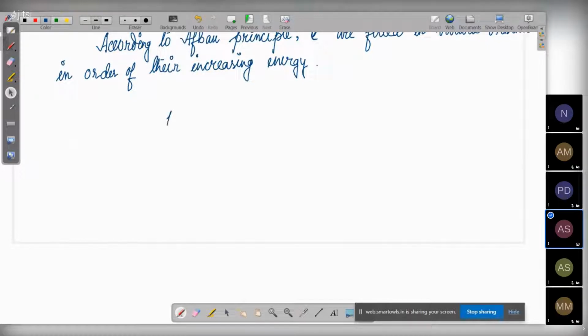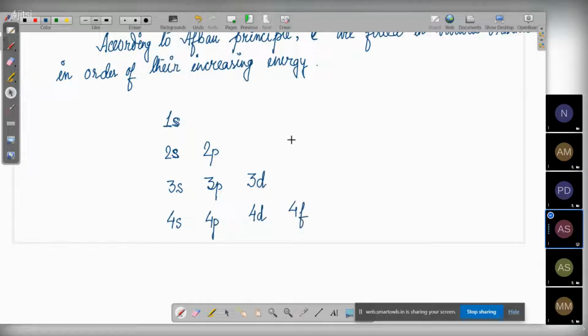You have to draw it in exactly this way: 1s, then below it 2s, 3s, 3p, 3d, 4s, 4p, 4d, 4f.